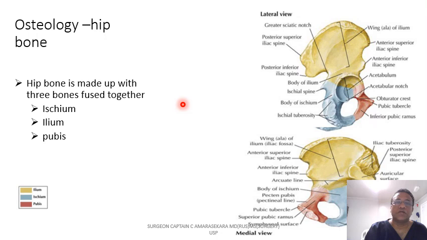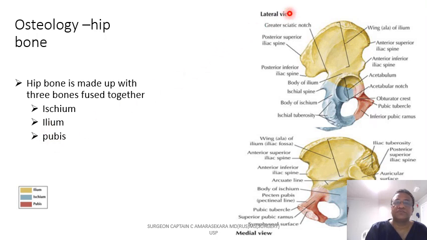So this diagram illustrates the hip bone. There are two views, one is the lateral view and the other is the medial view. The hip bone is formed by the fusion of three bones: ischium, ilium and pubis.